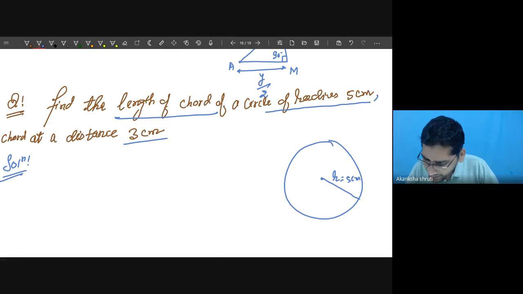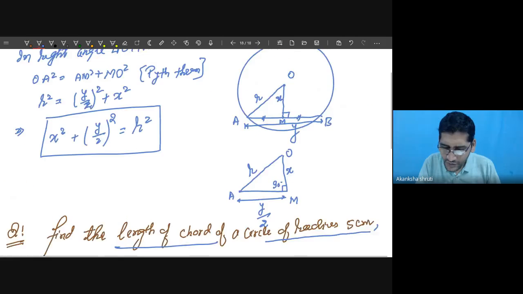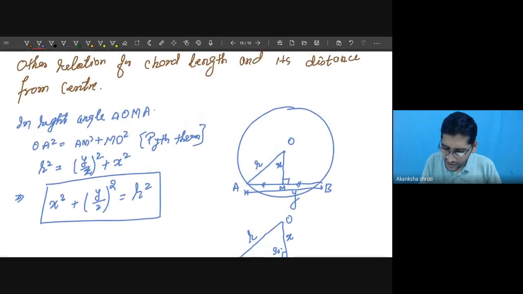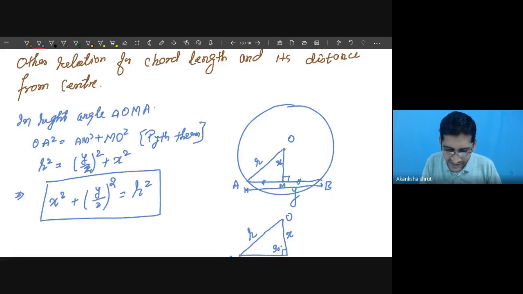Then we have to find a chord whose distance from the center is given. So, a student, the perpendicular distance from the center to a chord, or perpendicular drawn from the center to a chord, and distance from the center.